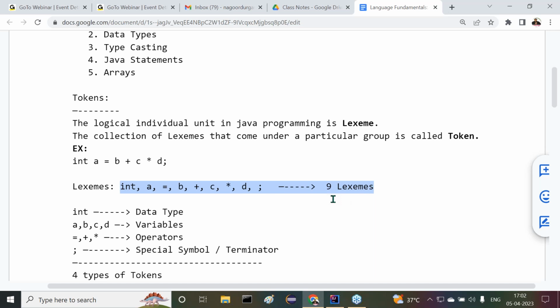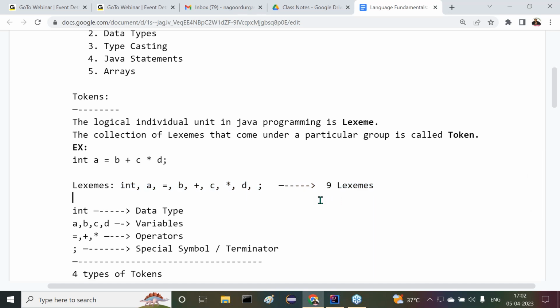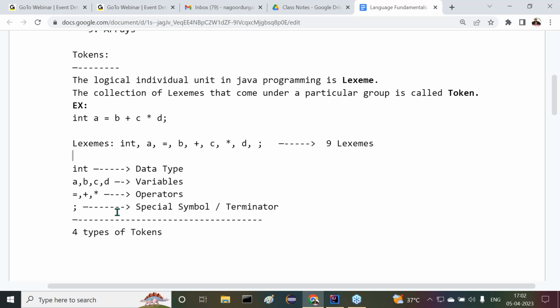But how many types of tokens are available here? 4 types of tokens. That means what are the various categorizations? Int is one category. A, B, C, D are variables, which is one type. Next one is equal, plus, star, which are operators. Semicolon is a special symbol or terminator.